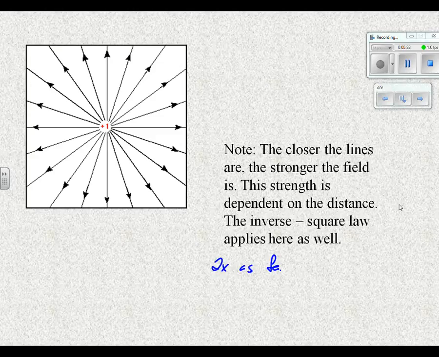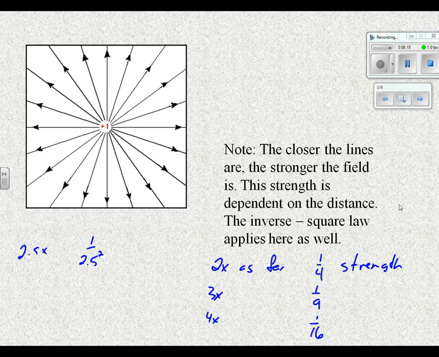Two times as far away, one-quarter the strength. Inverse squared, 2 squared. Three times as far, one-ninth. Four times as far? It's the number squared, Grayson. 4 squared. Yeah, I know. That's why I'm explaining it to you. Okay, what if it's 2.5 times as far? 1 over 2.5 squared.